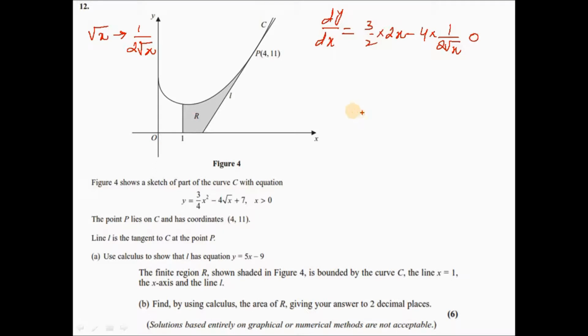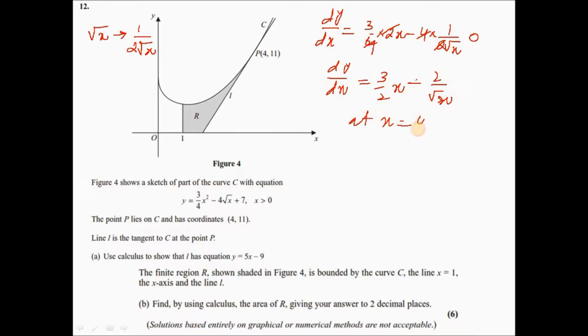So you can see that dy by dx is 3 by 2 x, minus 2 by root x. This is the derivative.